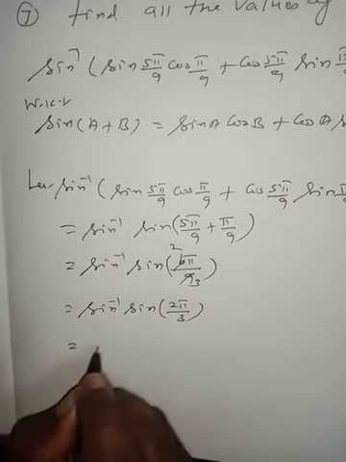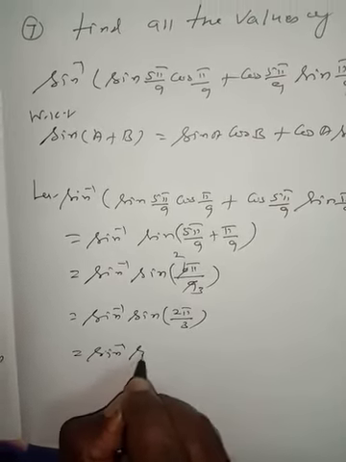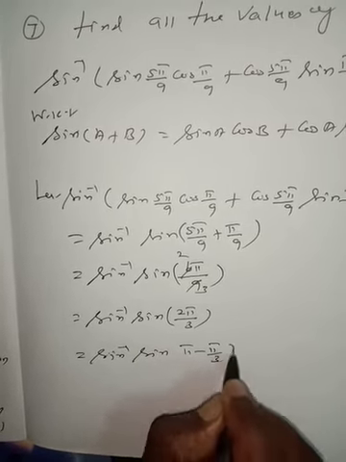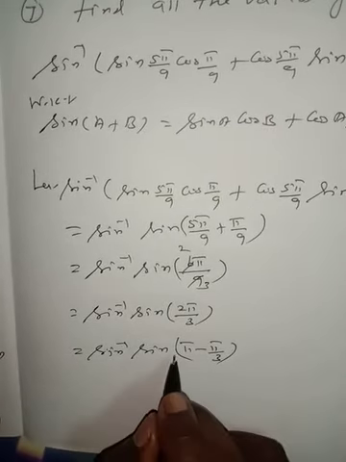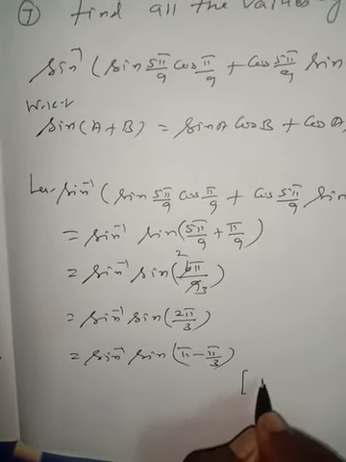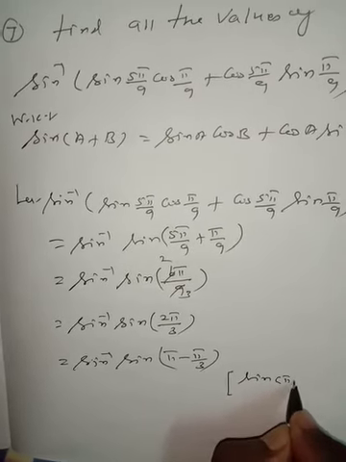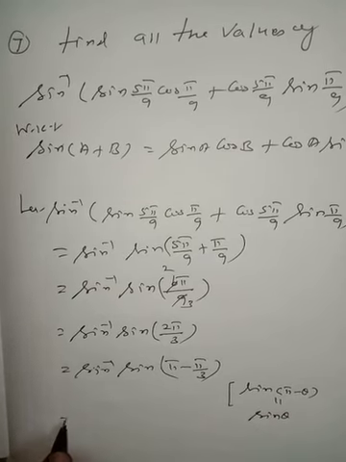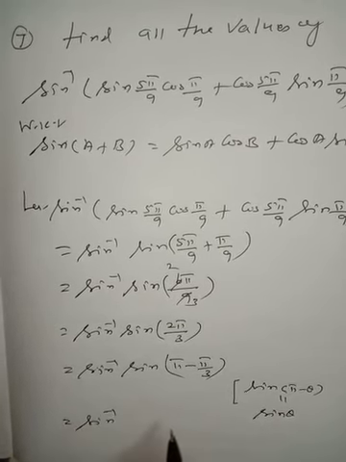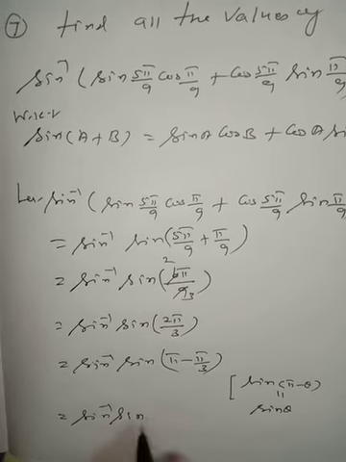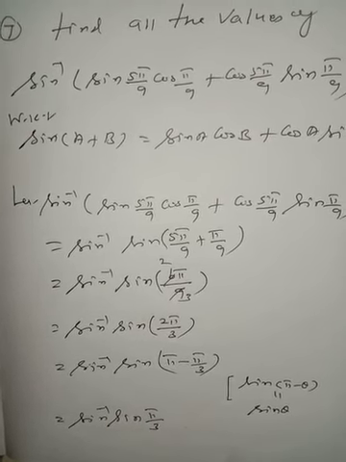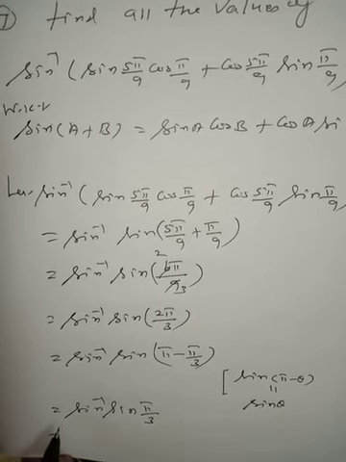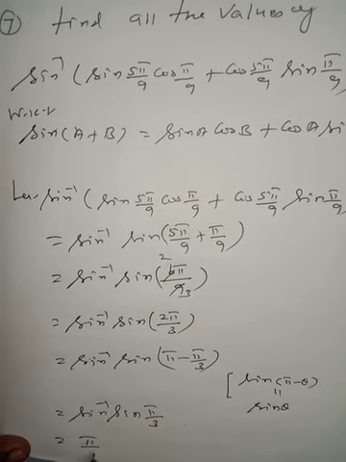This can be written as sin inverse of sin pi minus pi by 3. We know that sin 180 minus theta is sin theta. Using the formula, sin inverse of sin pi by 3 is equal to pi divided by 3.